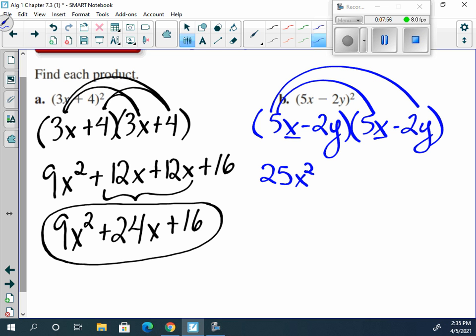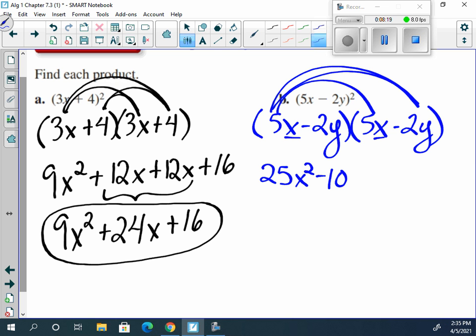Okay. Now we're doing 5x times negative 2y, yes? Well, I can multiply the numbers because 5 times negative 2 is negative 10. Now we said with 5x and 5x, x times x is x squared because I have 2 of them being multiplied together, yes? Are x and y the same?